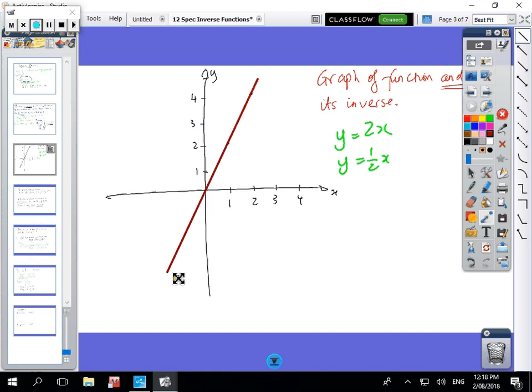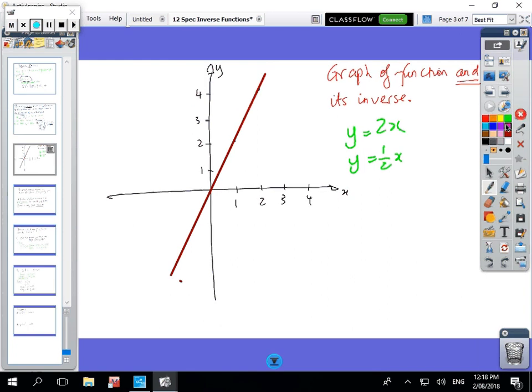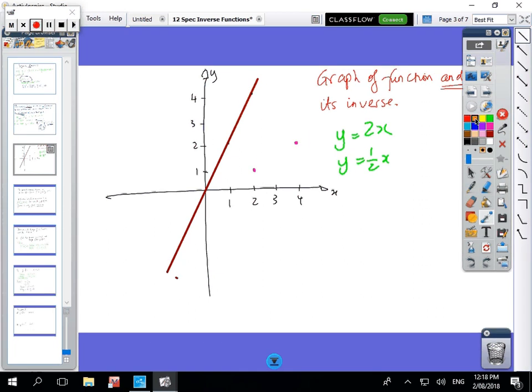Now for the second one, for half x, 2 gives 1, 4 gives 2. Make a straight line for those. I'm a little bit out there, so it has to go through the origin. Let me drag that down a bit. Okay, that looks better.